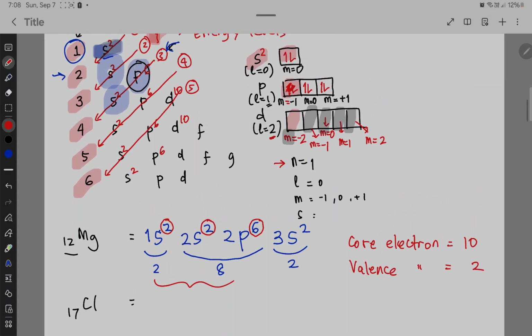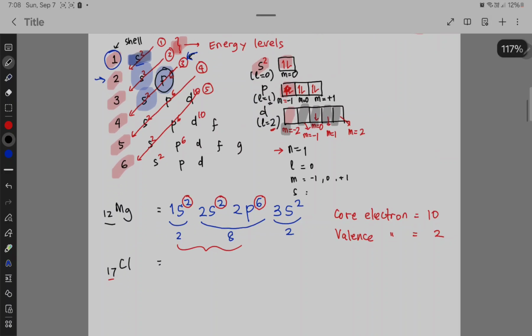What about chlorine, with 17 electrons? The configuration is, of course, 1s2. Then we move to the second energy level, 2s2. Then 2p6, and then 3s2.